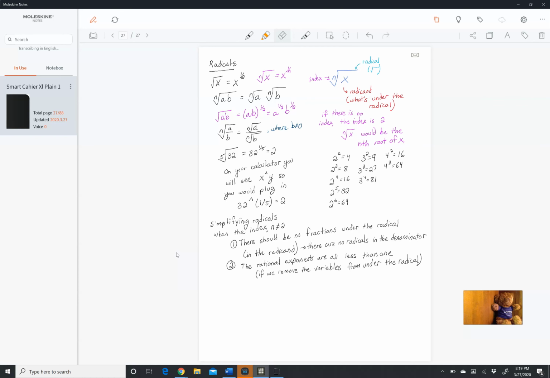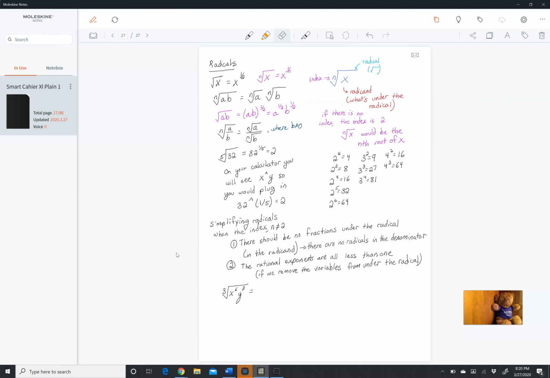Okay, so we're just going to go through a bunch here. Let's start with the cube root of x to the 6th y cubed.